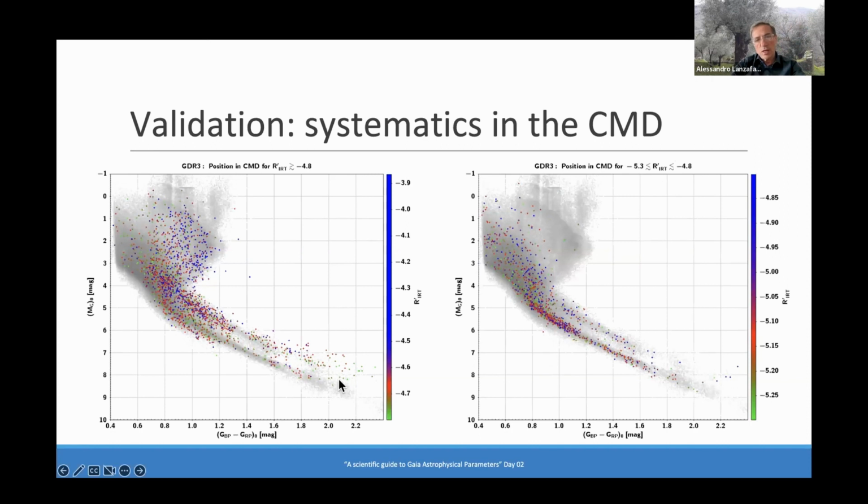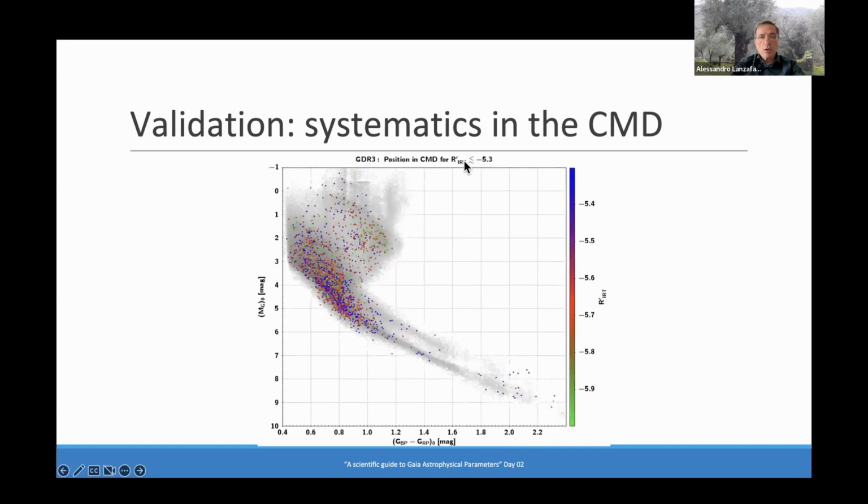You see here the active stars have disappeared at very red color. And again, when we go to a very low level of activity, we see the low part of the main sequence populated, as well as the subgiant region again populated by low level activity stars.